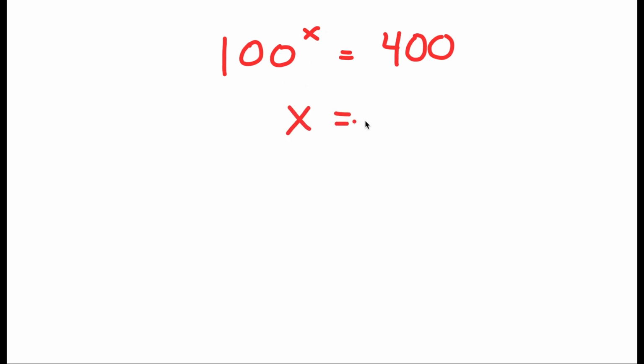Alright, so in this video, I'm going to solve an interesting exponential equation. So my equation is 100 to the power of x is equal to 400. And I want to find the value of x.